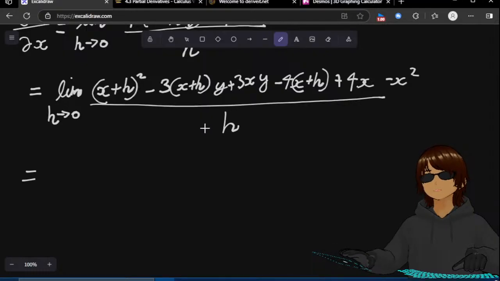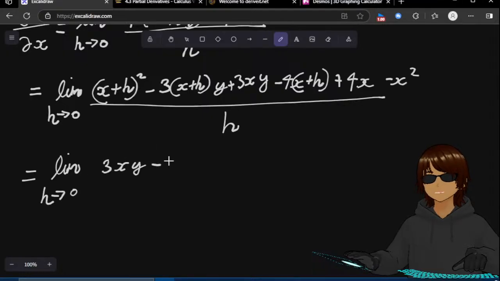Now, if we bring h very close to 0, this and this will cancel out. So we are left with these two, minus 3x plus hy.